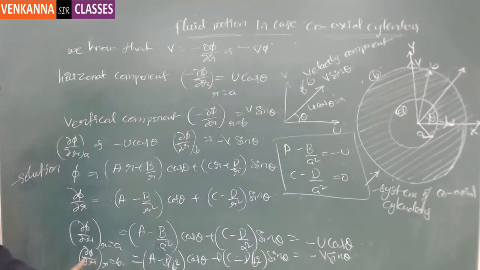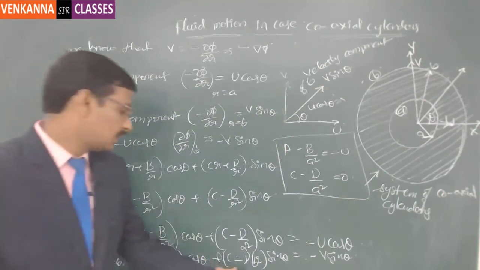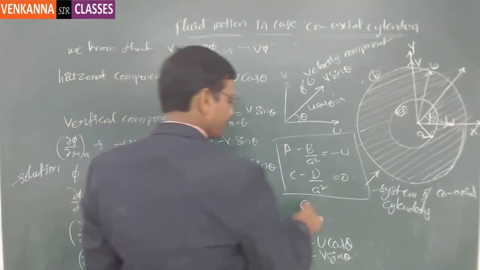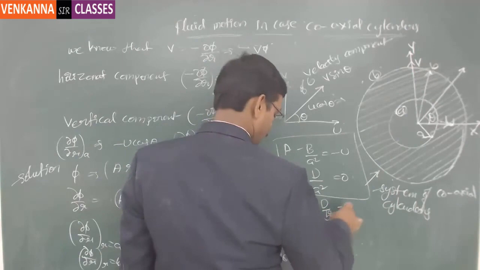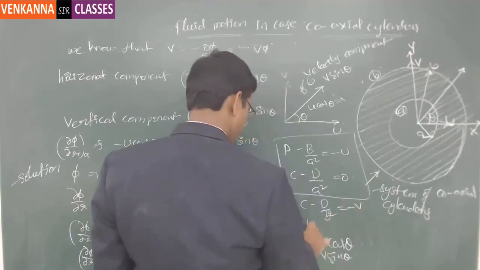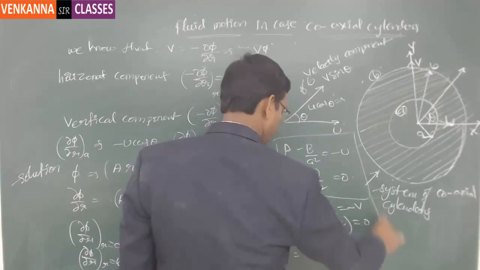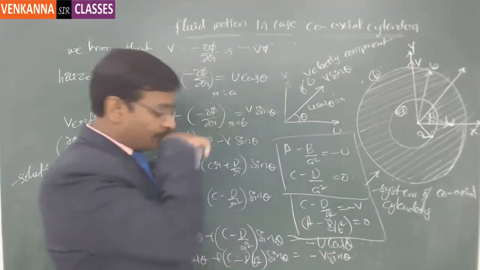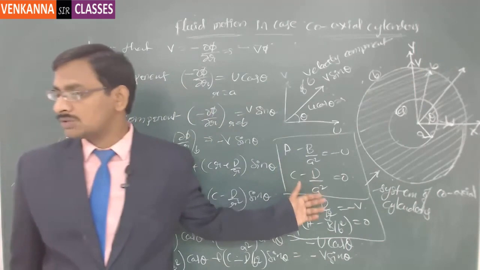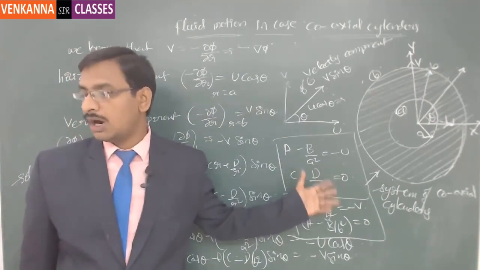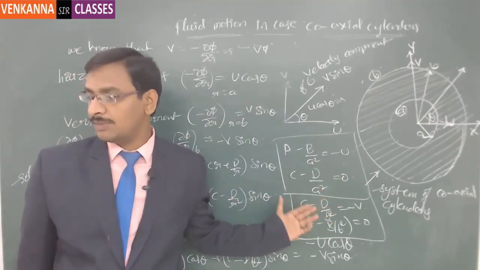Now equate the corresponding terms. So for sin θ, C − D/b² is equal to minus v, and A − B/b² is equal to 0. This is another set of equations. So we have four different unknowns and four different equations. All together we can solve for the values of A, B, C, D.